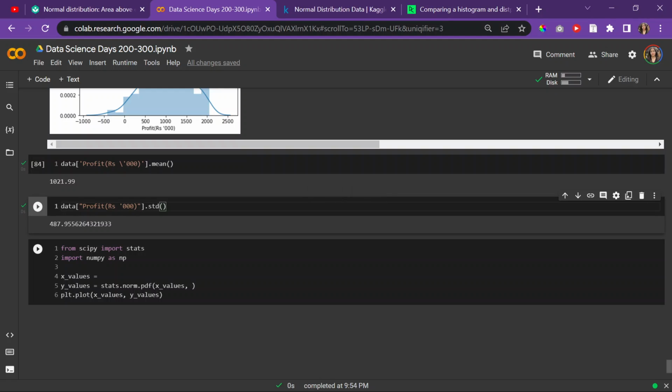Then I think what I'll do is set this equal, but here's the thing though. The way that Python calculates standard deviation is different from the way that we calculate standard deviation. So I think they have the degrees of freedom set to 0 or 1. I think they have it set to 1. No, they have it set to 0.